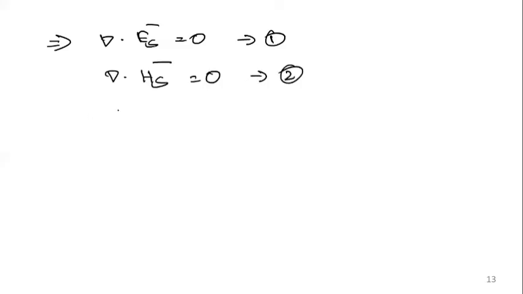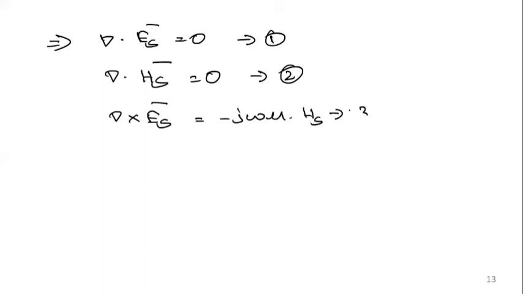Therefore, what we get is del dot Es is equal to 0. That is equation number 1. Then del dot Hs equals 0. This is what we call the Maxwell's equations in Phasor form. Del cross Es is equal to minus j omega mu into Hs.